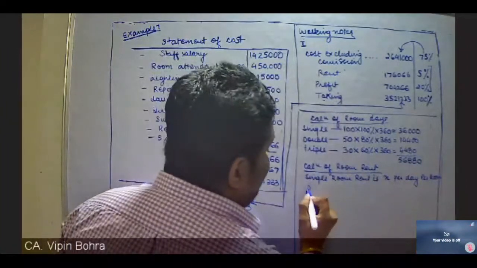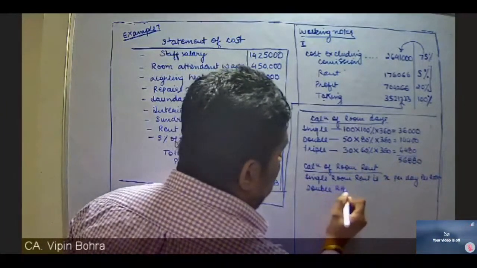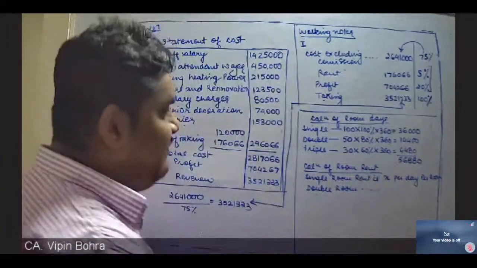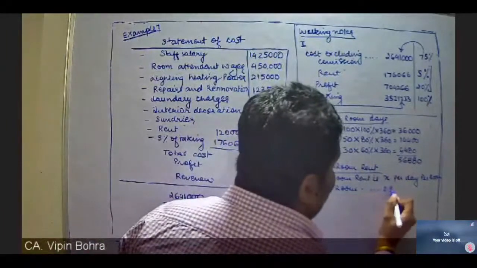So for a double room it will be 2.5 times the single room, so 2.5x.